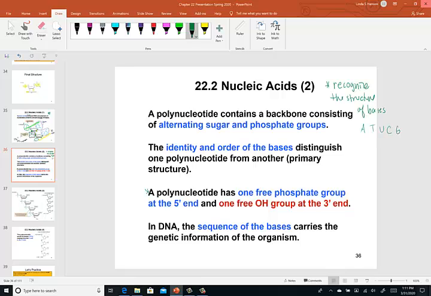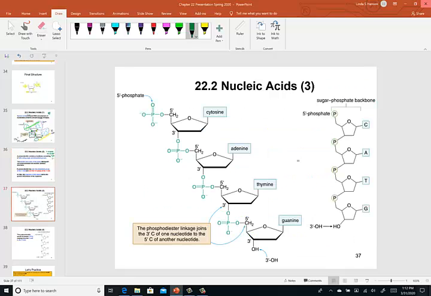If you have a misspelled word, it would be similar to a genetic mutation where the letters are out of order. So here we have an example, and I know this is also drawn for you, but it's really important to digest what we see. We have a series of nucleotides bonded together. And I see that they're bonded together by a phosphodiester linkage.